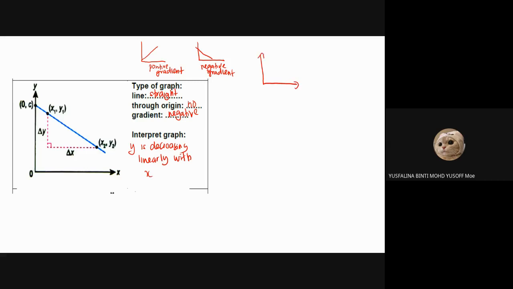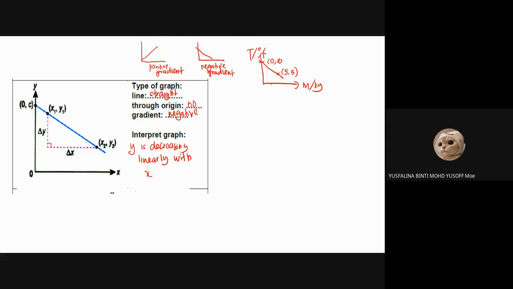Here is G and this one is t. The value here is 0, 10, and this one is 5, 5. Let's say these are the coordinates. The first thing you have to find is the gradient.